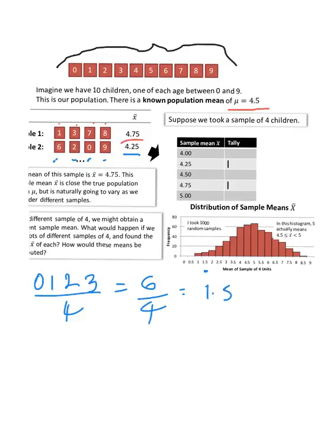Now, if we take lots and lots of samples here, and we work out the mean of each one, what we find is that the means of the samples are distributed normally, or follow a normal distribution.